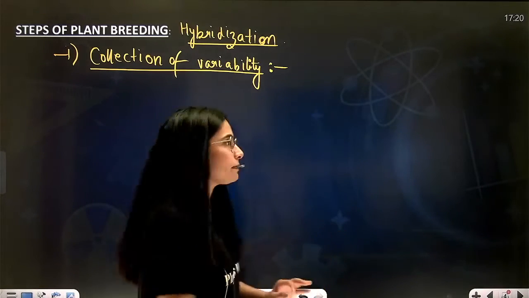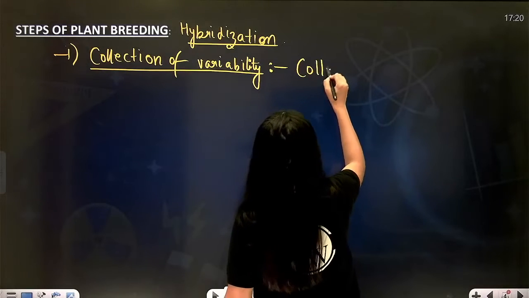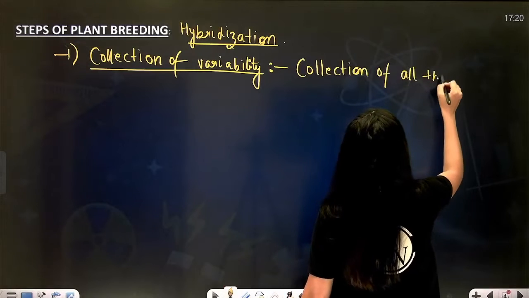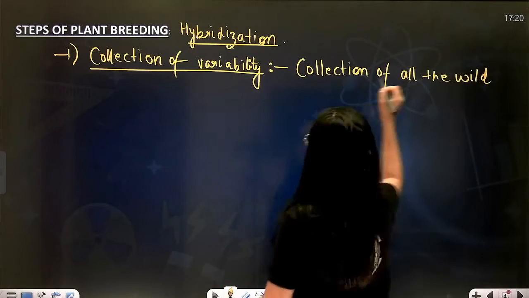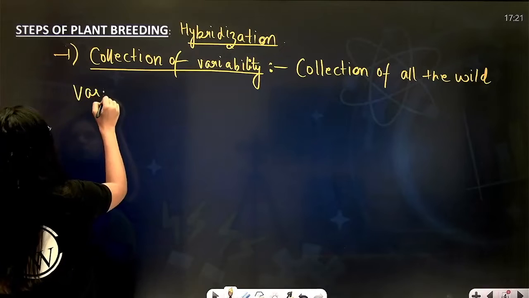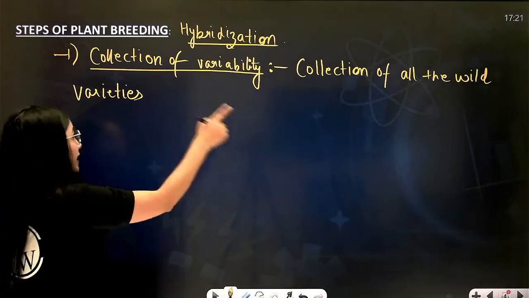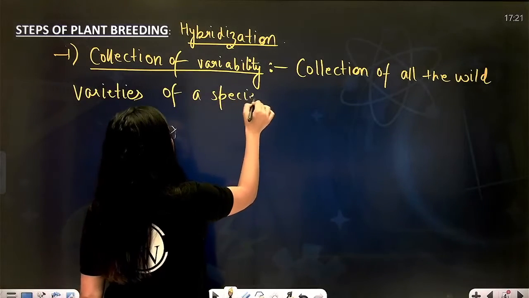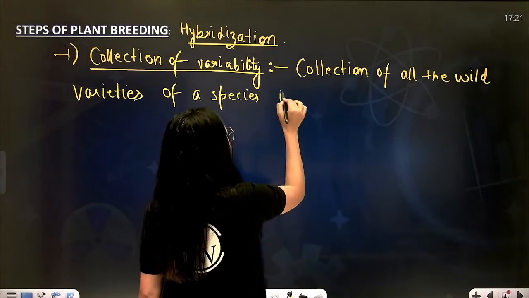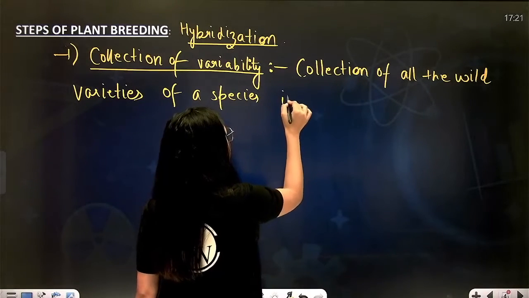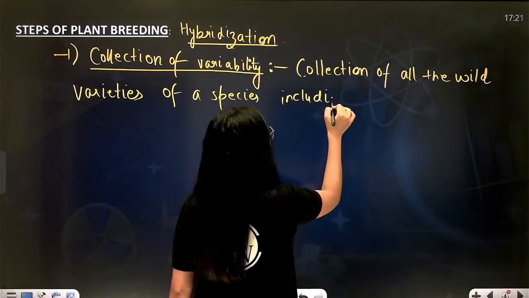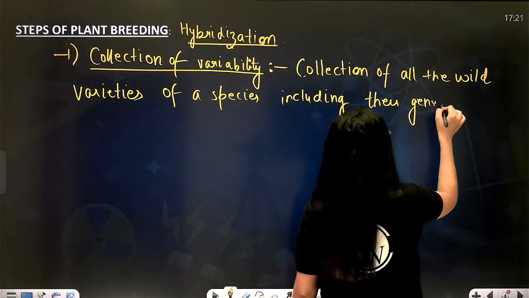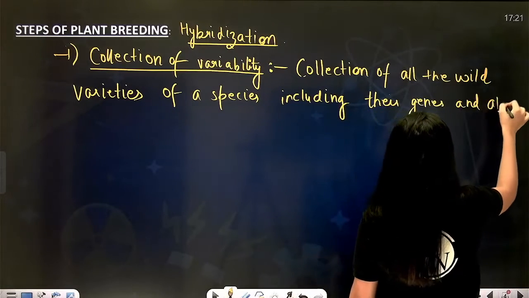So the first step is collection of all the wild varieties of a species, including their genes and all alleles of the gene.